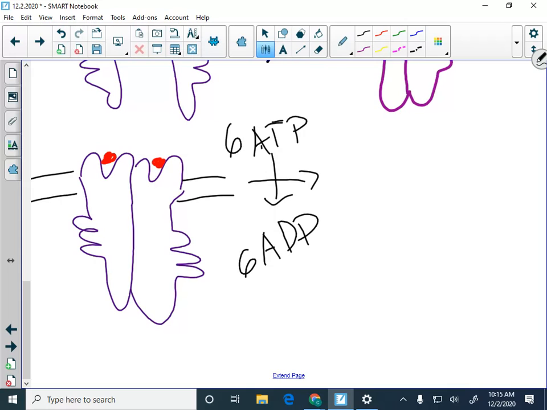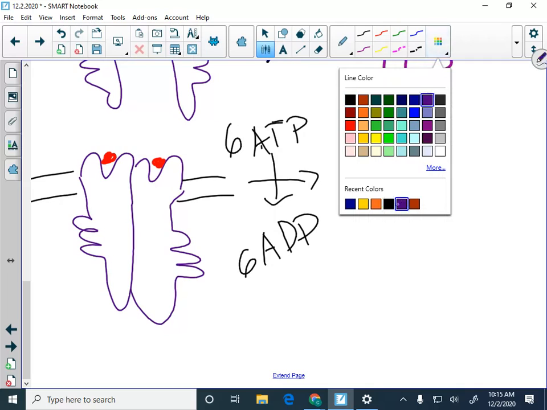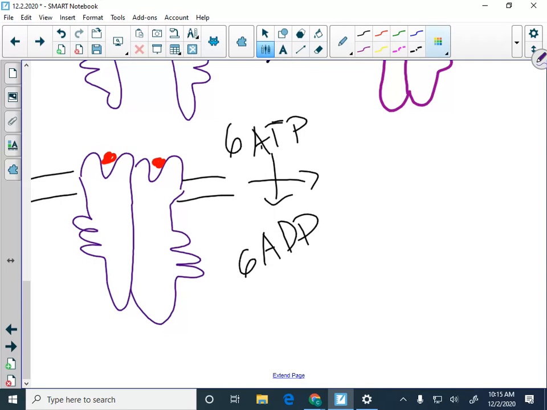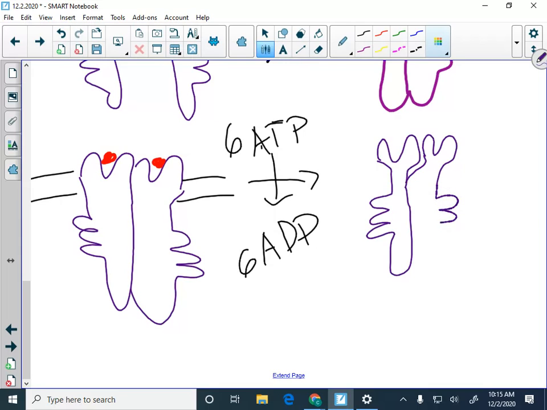What we're going to do with those phosphates is actually pretty cool. So we got our same process. So we've got our little dimer. We've got our signaling molecules still in there.